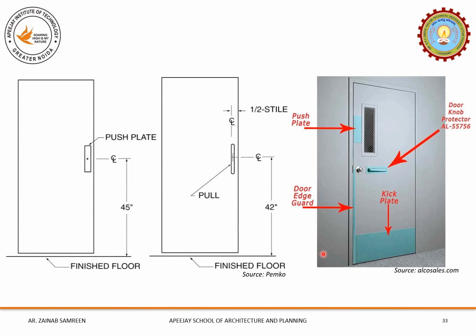In this image, you can see a kick plate placed at the bottom. Here, there is an edge guard which is protecting the edge of the door. Then there is a door knob, and here is a push plate. Opposite to this push plate, there may be a push pull bar.